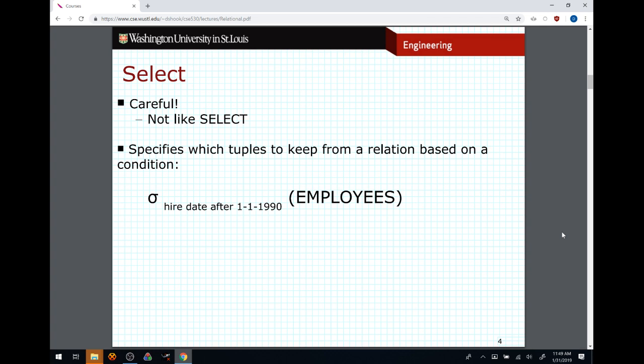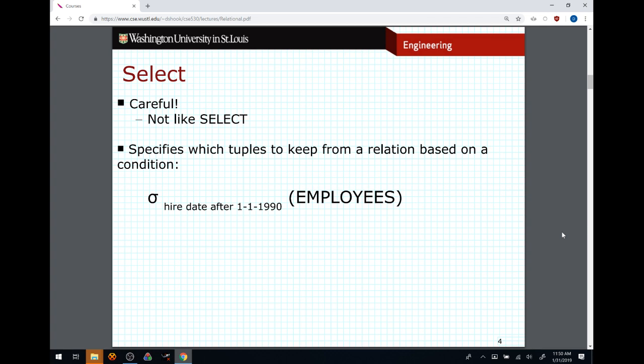The first one on our list is select, and you might be thinking this is going to match up with the select clause. That's not true. That was a very poor name choice. I bet the algebra was first, and the SQL language also chose to use the word select, but for a totally different purpose.